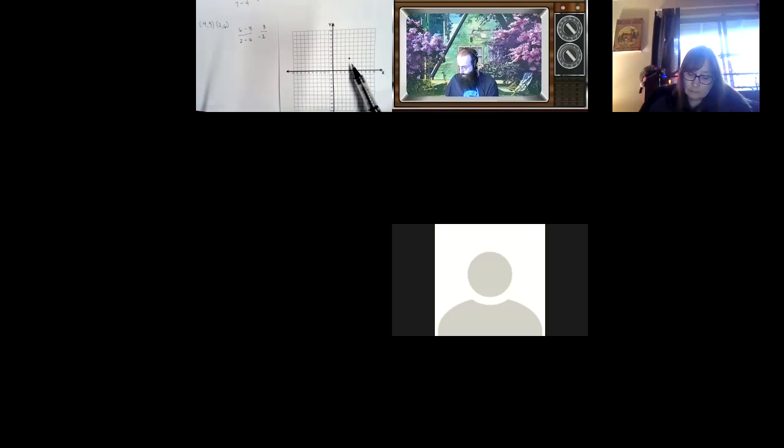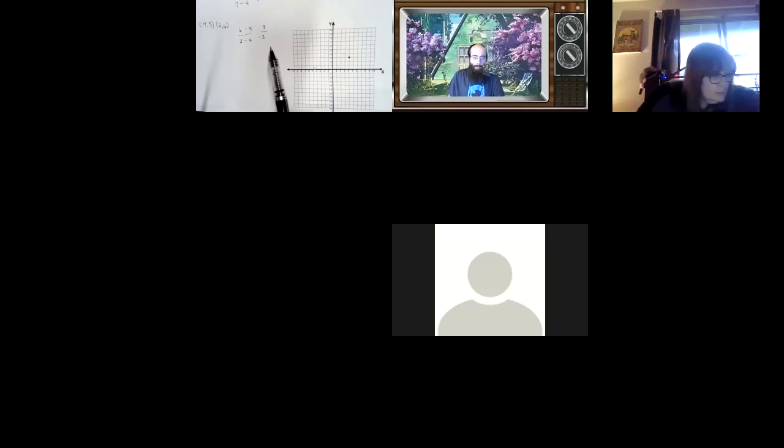Because once you have a dot, you just count up or down 3 spaces. If it's positive, count up. If 3 were negative, count down. Just like the line on Y. Same thing for the bottom number. If it's positive, go to the right. If it's negative, go to the left.